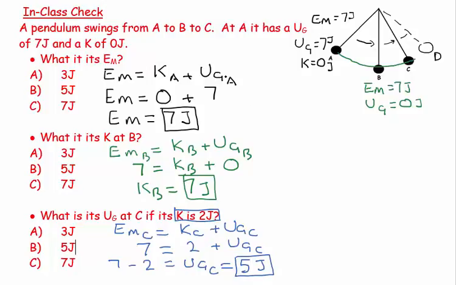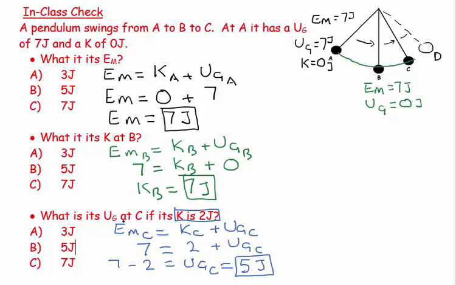Just before I leave this, I want to point out that I can make this question a little bit more interesting. For example, rather than asking you what would be the gravitational potential energy at C, I could give you the mass.